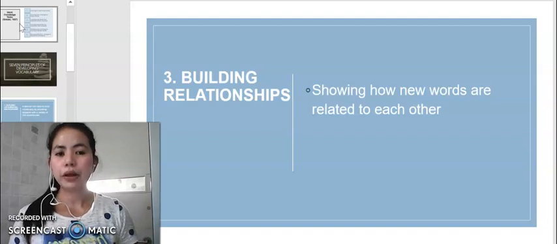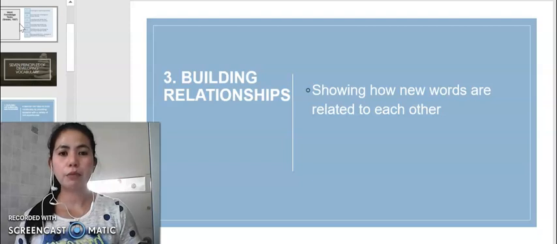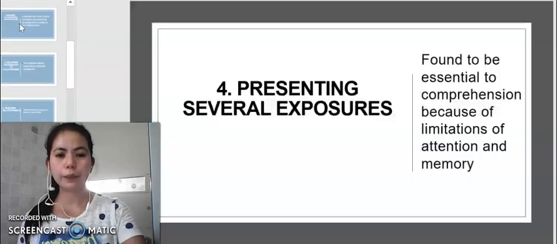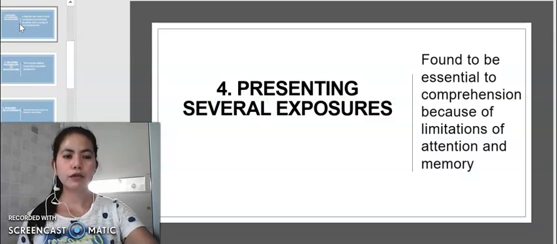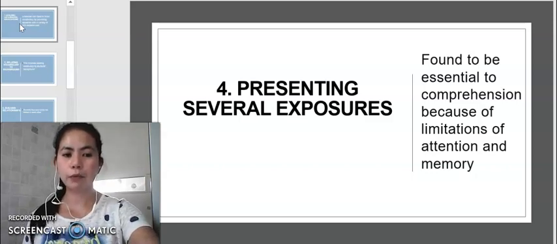The example is the teacher discusses how autobiography and biography are two similar types of nonfiction, and students describe the subject's accomplishments and some of the obstacles that he or she had to overcome. Number 4, presenting several exposures, found to be essential to comprehension because of limitations of attention and memory.